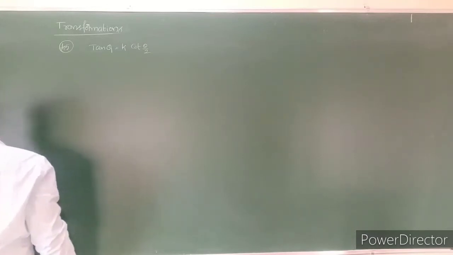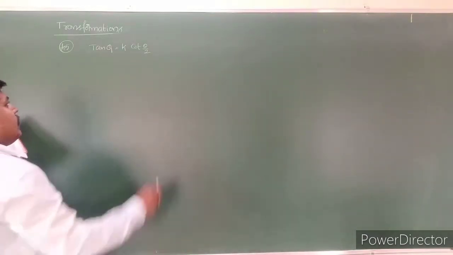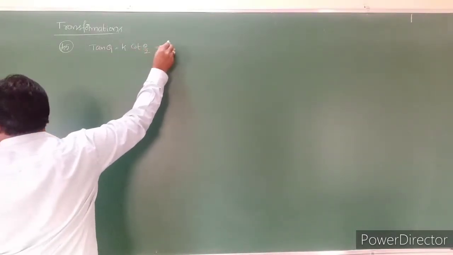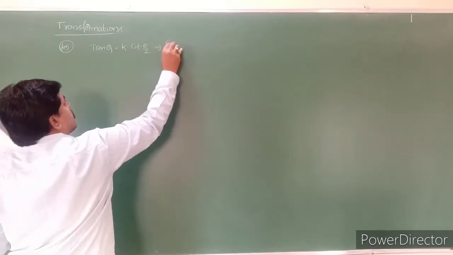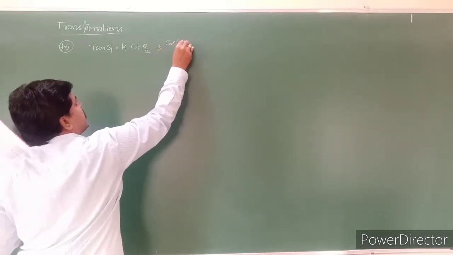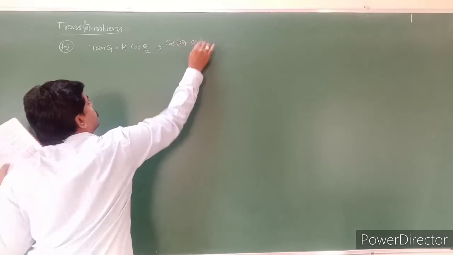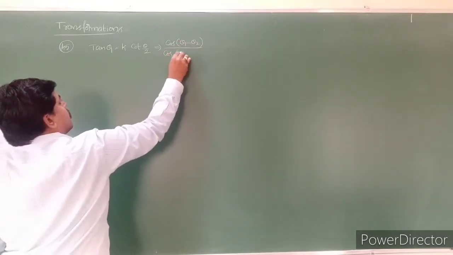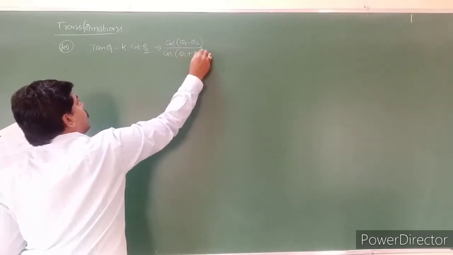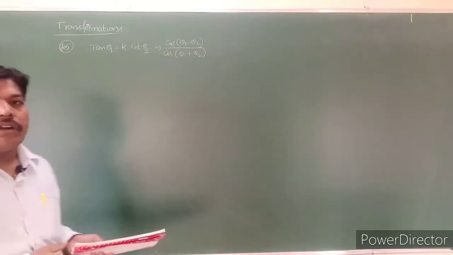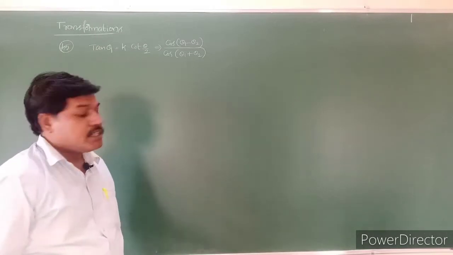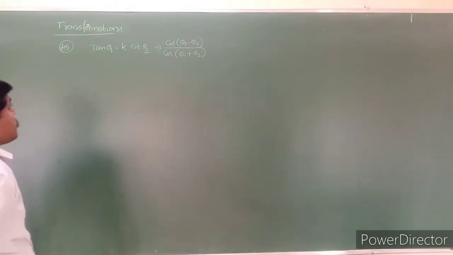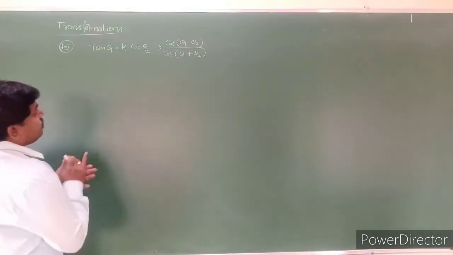So tan theta 1 is equal to k into cot theta 2. Then they are asking for cos (theta 1 minus theta 2) by cos (theta 1 plus theta 2). Okay, so see this question, students, how to solve this one.